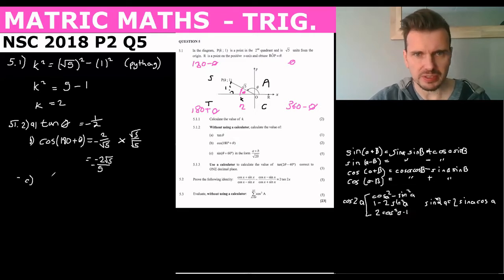And now C requires a little bit of work. So they want sine of theta plus 60 in the form A plus B over root 20. The first thing we're going to do is just look at sine of theta plus 60, and we want to convert that into something manageable.